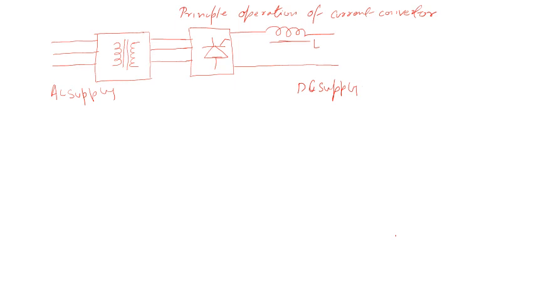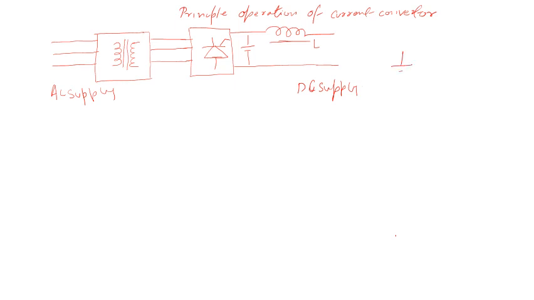Okay, so what happens with your smoothing inductor? Here this is your AC supply and here it is a DC supply, right? So how can we explain it? This is actually a DC supply, so you can say it is a battery, right? And a battery consists of a source in series with an inductor.